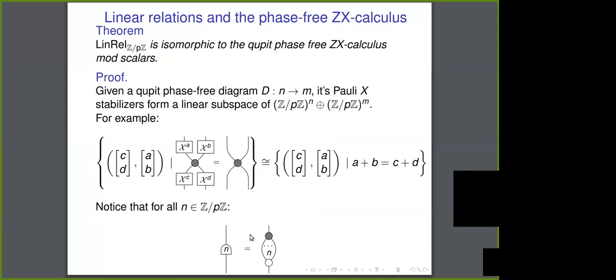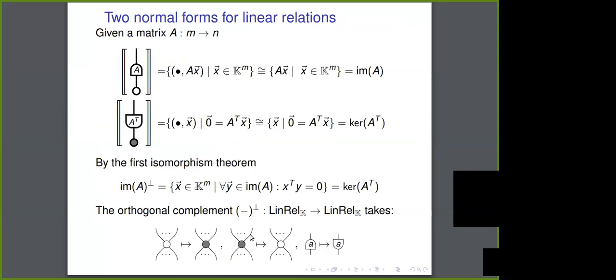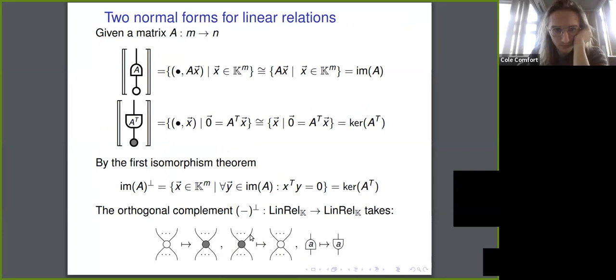Just quickly, one slide back, it looked like you have the orthogonal complement for linear relations over a field, but then when you did this in the thickened case, it looks like you're required to take a transpose of the matrix as well, because you have A^T.